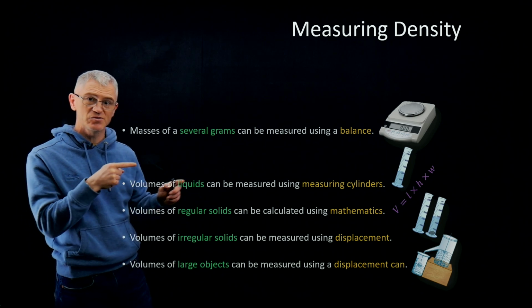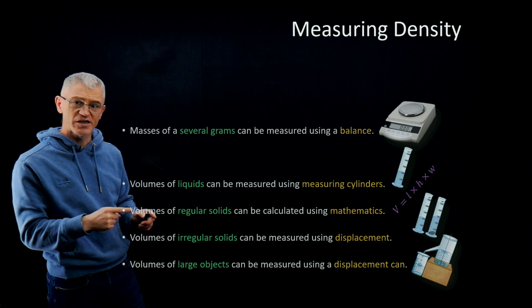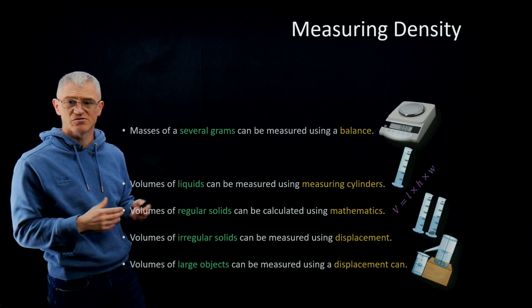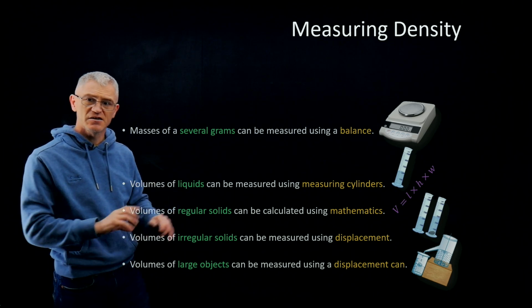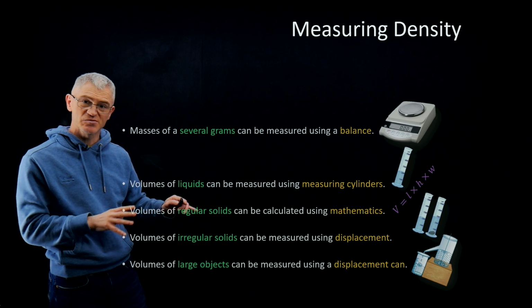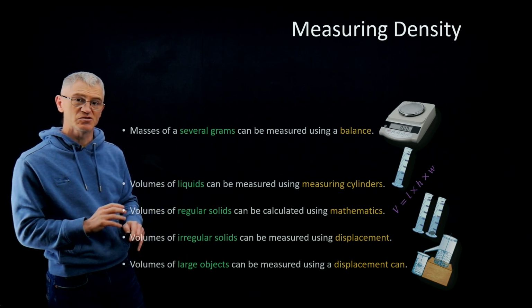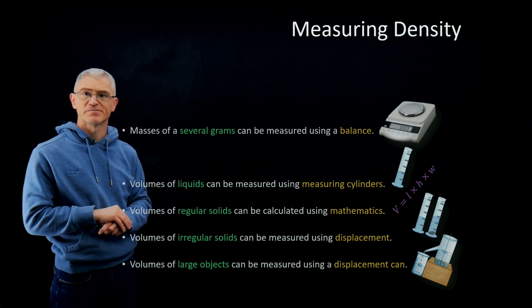So we can get the volume using a measuring cylinder, and we'll talk about that in a bit. Volumes of regular solids can be done with maths. So basically, if it's a cube, you can just do the length times the width times the height. Irregular ones we can do by displacement in a measuring cylinder, and large objects can be done using a displacement can, also called a eureka can. We'll talk about that in a bit.